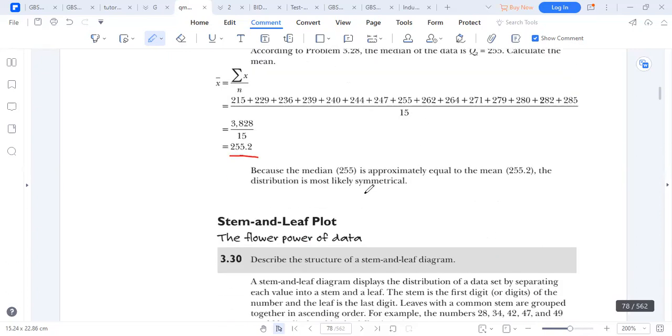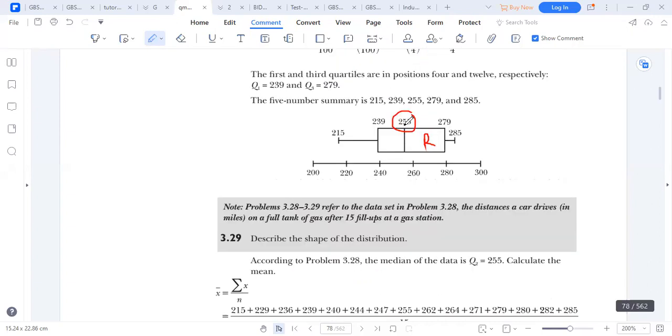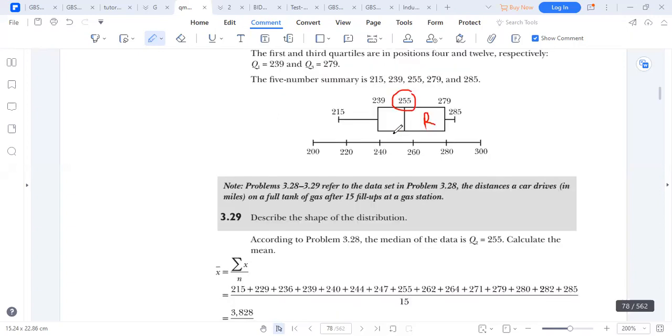You can see it's likely to be symmetrical. It's almost symmetrical because they are close. These two are approximately equal. So you can comment to say it's skewed to the right, or that it's likely to be symmetrical, because whenever the mean and the median are the same, it is meant to be symmetrical.